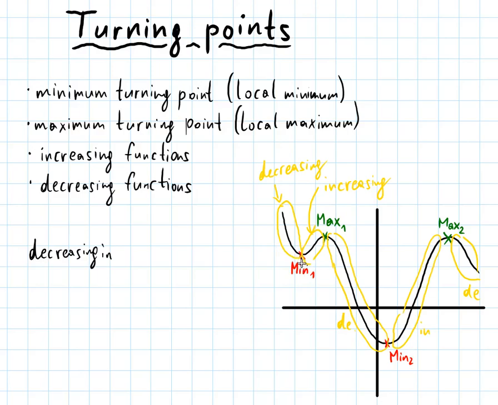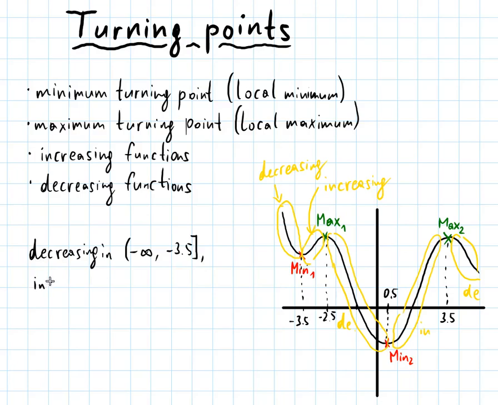So let's assume that this is -1, -2, let's say that this one equals -3.5 and -2.5 for the maximum, and 0.5 for this minimum, and 1, 2, 3.5 for this second maximum. So the function would be decreasing in the interval from -infinity to -3.5.